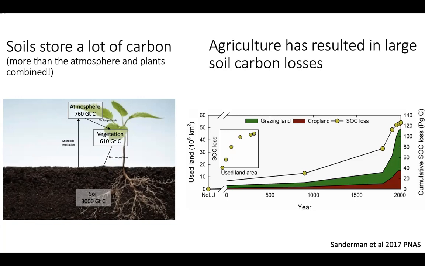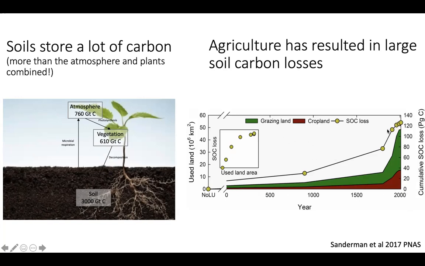We know that in our history, we've lost a lot of soil carbon. This is a really nice study from John Sanderman and others that was published a few years ago. They used machine learning techniques and soil carbon databases from around the world to quantify how much soil carbon we lost in the last 12,000 years and how that's related to changes in land use, particularly cropland and grazing, the expansion of croplands and grazing.